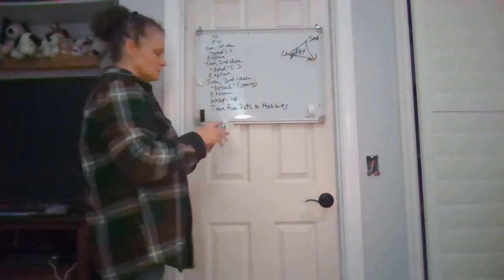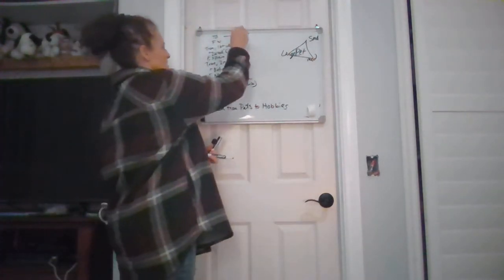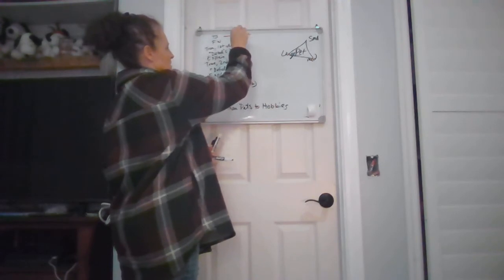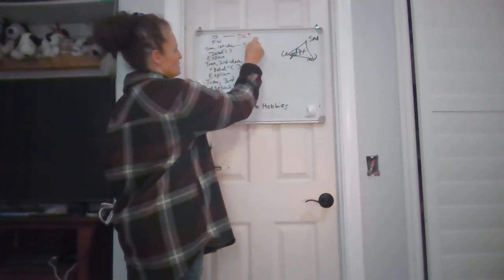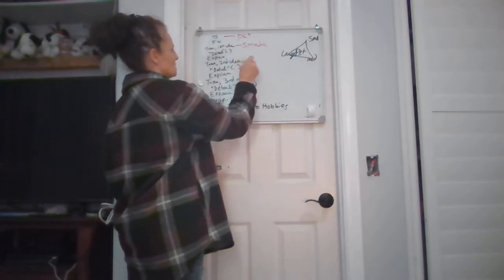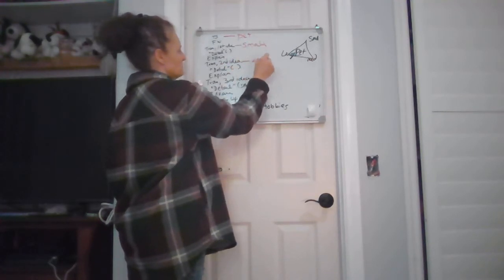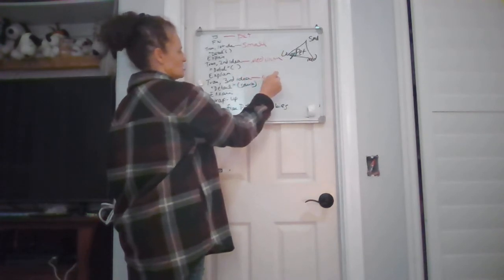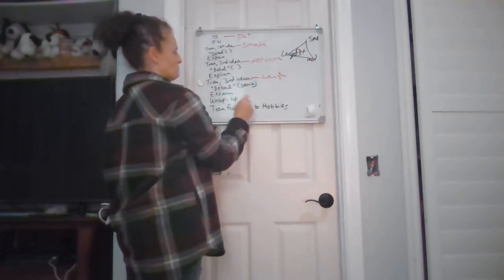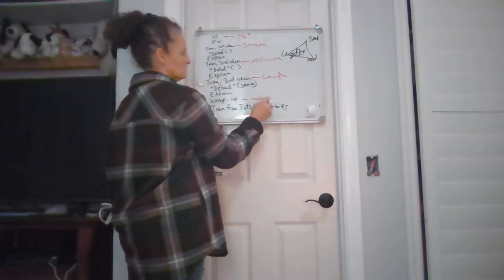So my topic sentence, we said, is pet. My first idea is small. My second idea is medium. My third idea is large. My wrap-up is many kinds.